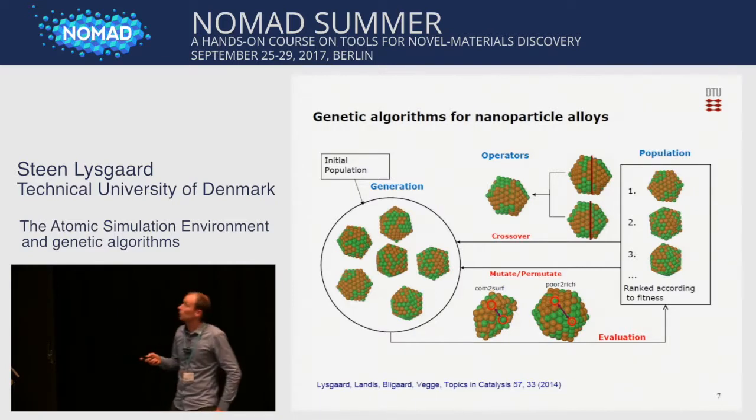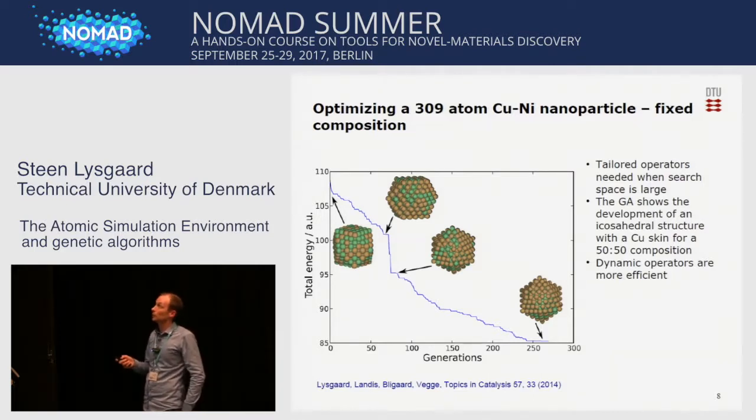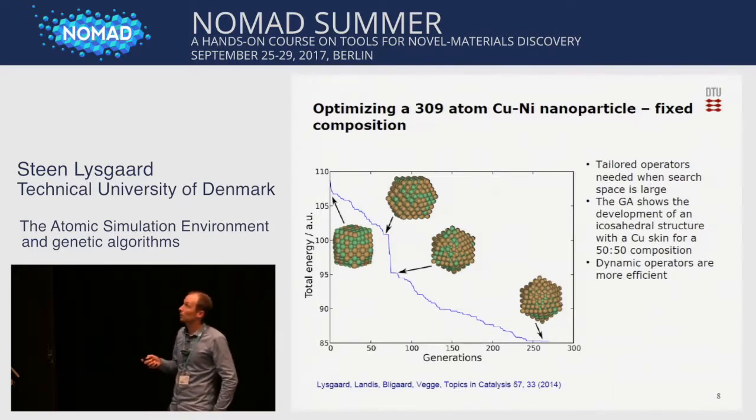That's to create mixing or segregation. So when you run this algorithm, this is just an illustration of how the lowest energy we have in our population goes down as we run the generations. We start out with a more or less random particle.